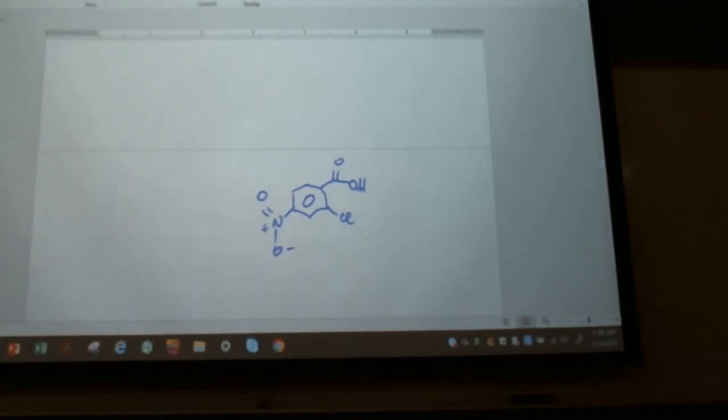And the question is, in which order do we add the substituents? We need to consider, first of all, these two are ortho, these two are para, and these two are meta.